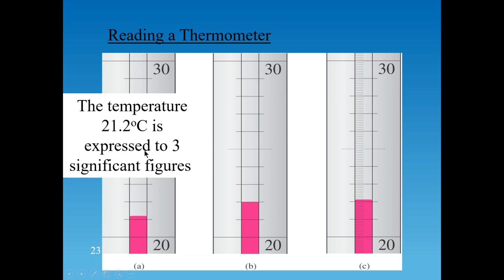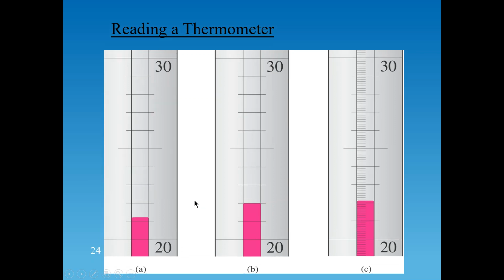Therefore, in this example, there are 3 significant digits: the 2 and the 1 that we're certain about, and the digit after the decimal point, which is an estimated digit. Collectively, we have 3 significant digits represented here.